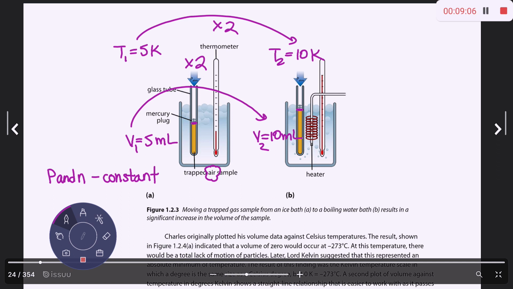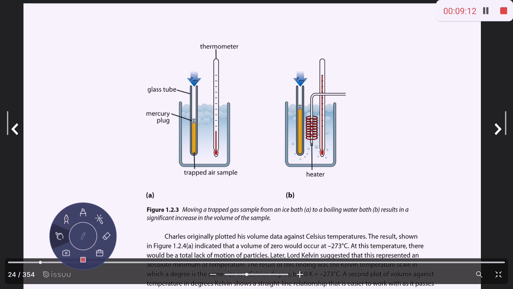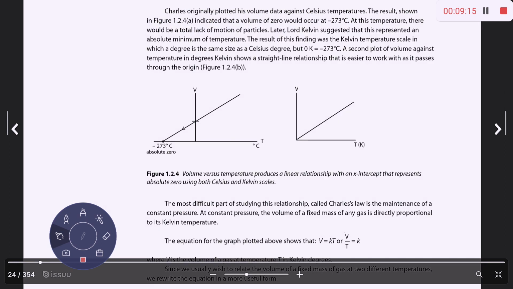You need to be careful here because you absolutely have to plot the temperature in Kelvin, because if you plot it in degrees Celsius, it will not go through the origin. So down here, they're showing you that if you plot degrees Celsius versus Kelvin, Kelvin will go through the origin, whereas the degrees Celsius will not. Degrees Celsius takes you all the way back to an x-intercept of negative 273. Well, isn't that what we add to get us to 0 Kelvin?